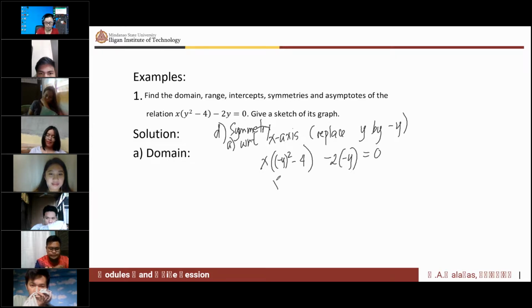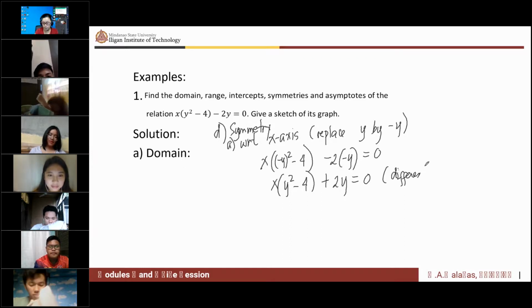And we get x times y squared minus 4 plus 2y equals 0. This is different from the original, not the same as the given.